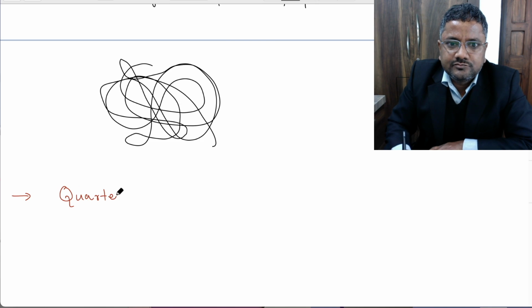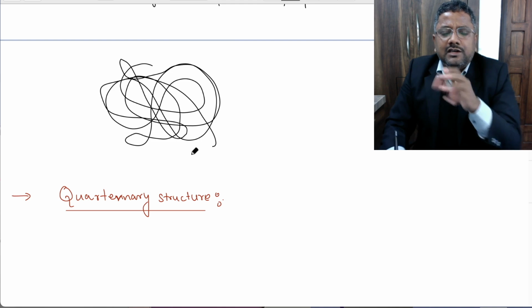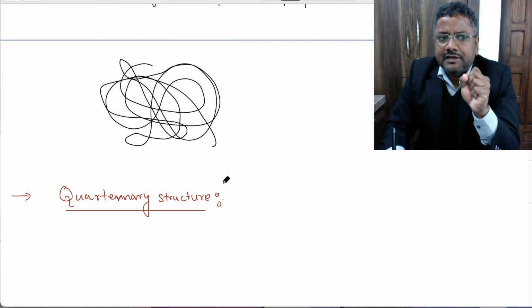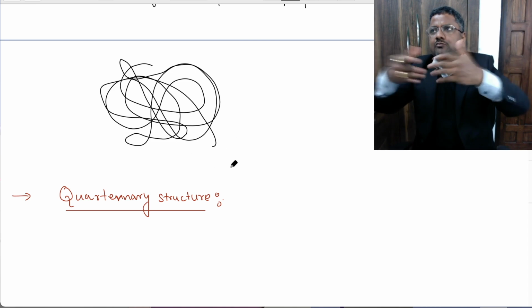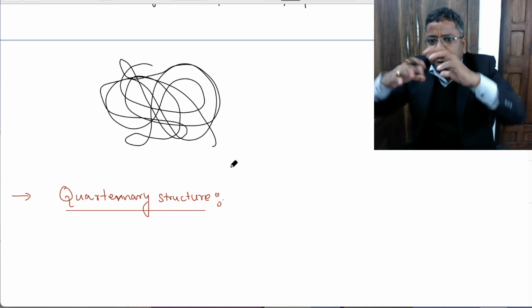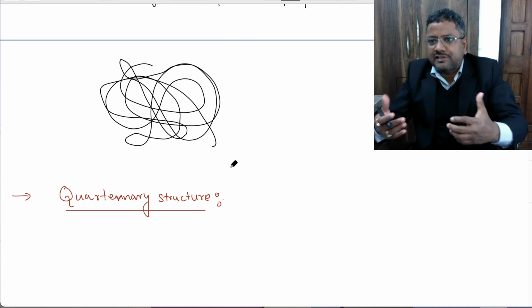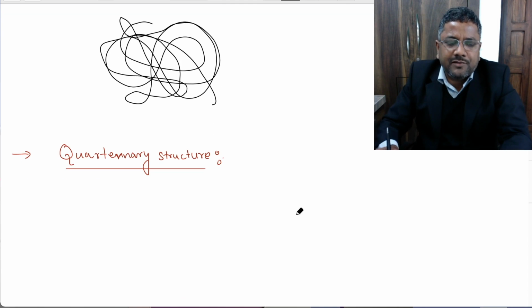See, the quaternary structure basically involves the folding of different units. Suppose one polypeptide chain is there, a large chain, and another chain is there, and both are folded in a specific manner. So this is the combination of different subunits.